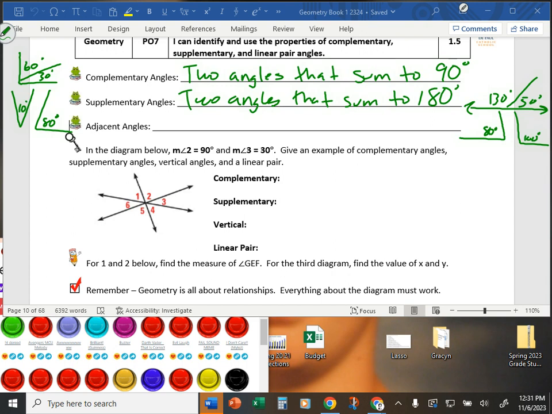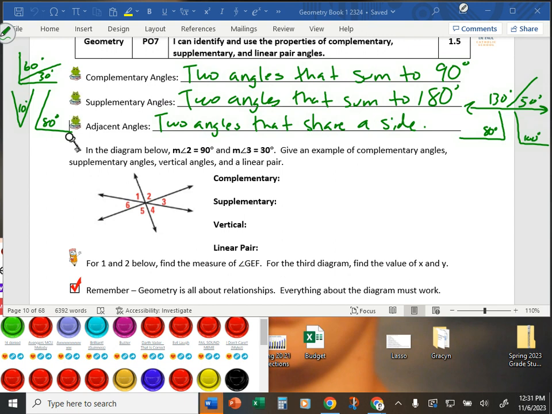Andrea. Oh, I have a third one. The third one? Yes. Two angles that share a common vertex inside but have no common... Too wordy. Adjacent angles. But yes, you are correct. Adjacent angles: two angles that share a side.